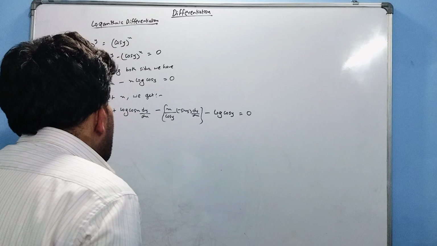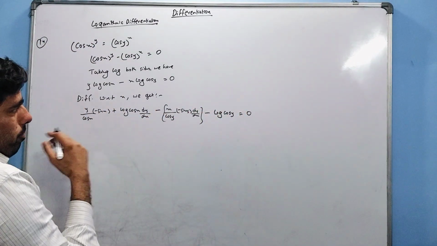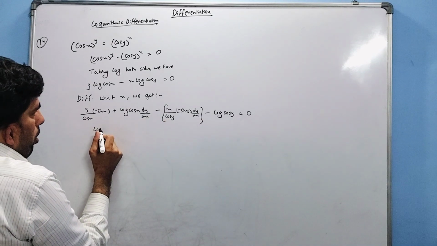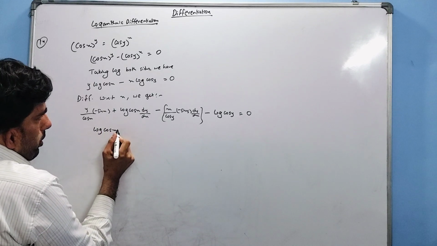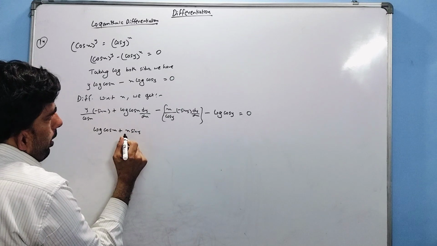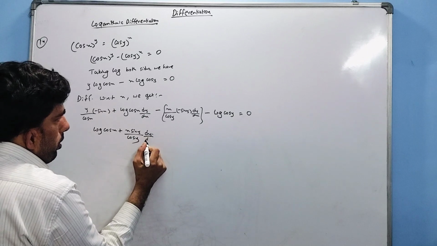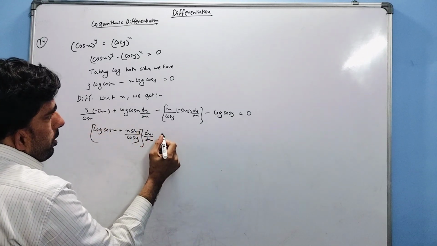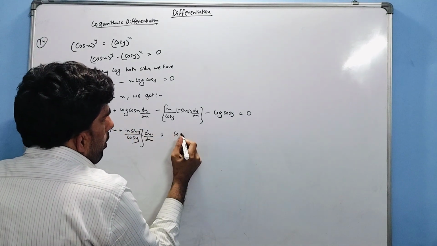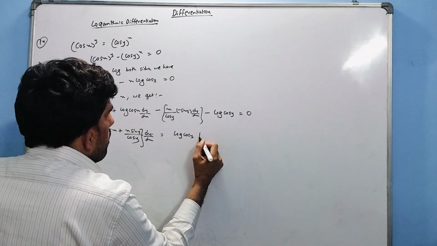So now we'll take that side and leave the dy upon dx terms. So we have log of cos x plus x sin y upon cos y, dy upon dx, is equal to log of cos y plus y tan x.